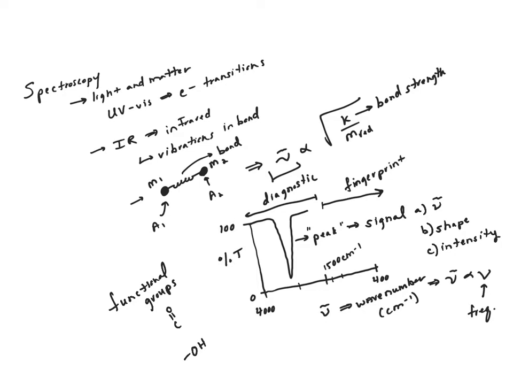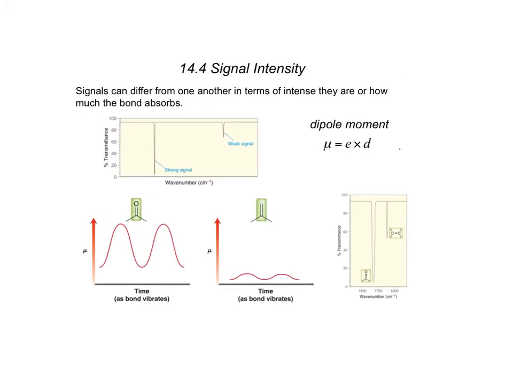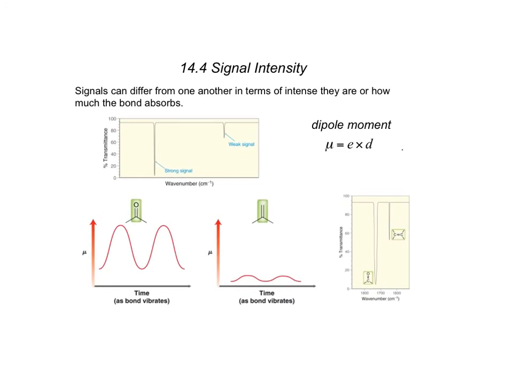So we talked about wave number, and again, wave number tells us about bond strength as well as the masses of the two atoms in the bond. We're now going to move into intensity and what various factors are going to affect the intensity of our signals, of our peaks. So what do I mean by signal intensity?